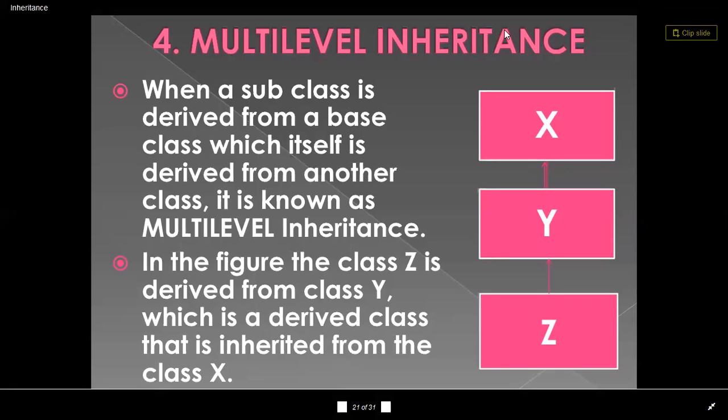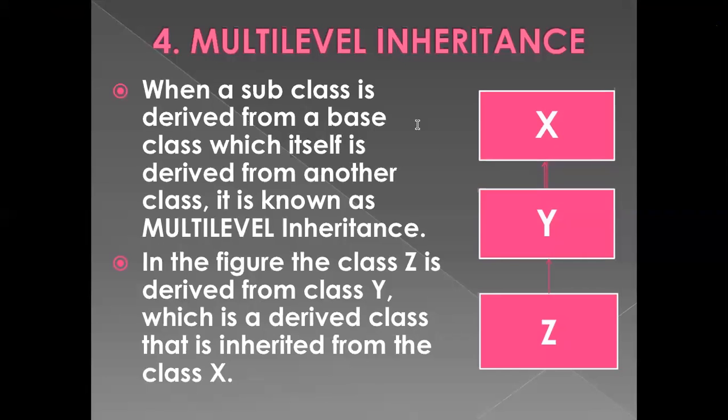Let's write it down. So first we have this animal class, and then from the animal class, we have derived, let's assume, a dog class. And then from the dog class, there are different types of dogs. So for example, we have derived German Shepherd.